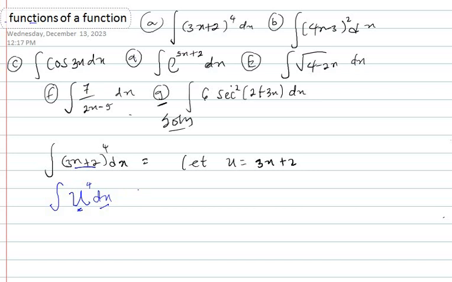So how can we find dx, or how can you find du? If we differentiate u with respect to x, saying that du by dx is equal to the differential of 3x plus 2 with respect to x, it's just 3.